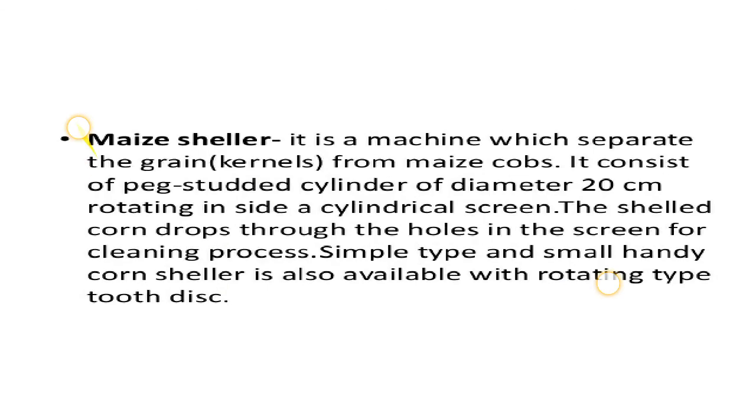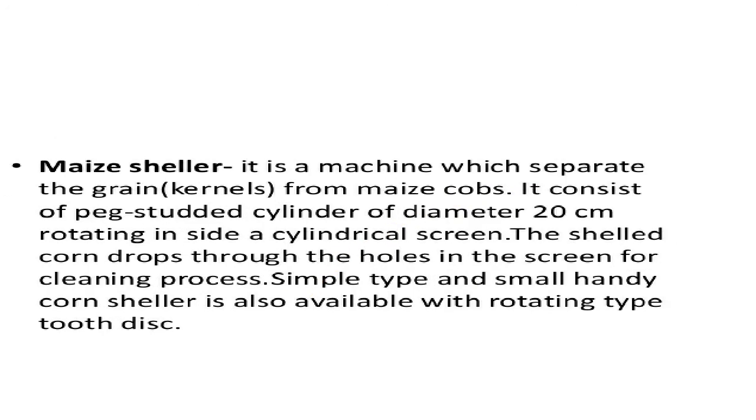Then the maize sheller is the machine which separates the grains from maize cobs. It consists of a peg-studded cylinder of 20 centimeter diameter rotating inside a cylindrical screen, and shelled corn drops through the holes in the screen for cleaning. A simple, small, handy corn sheller is also available with a rotating toothed piece.